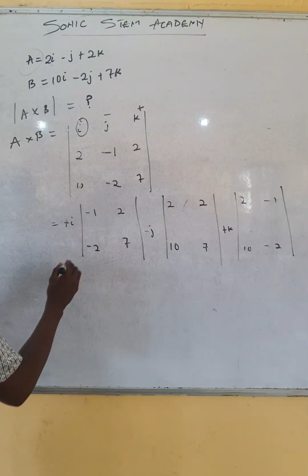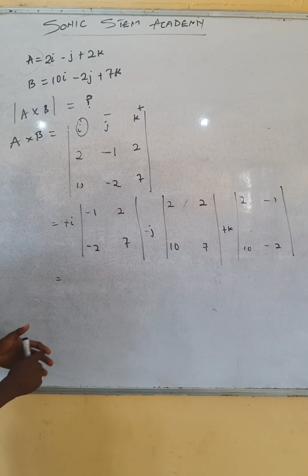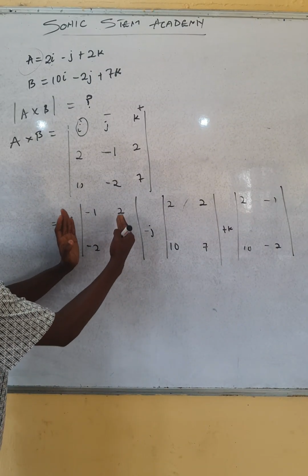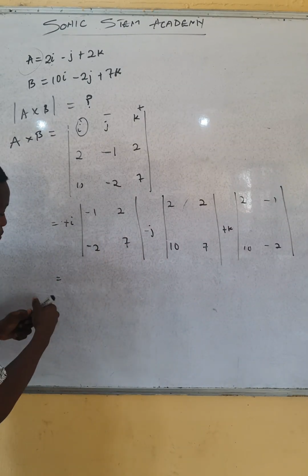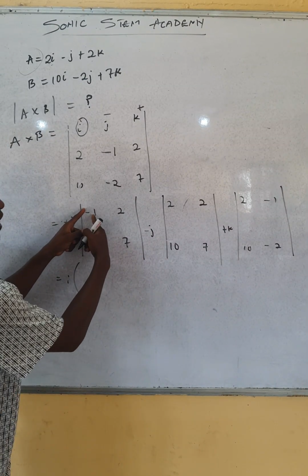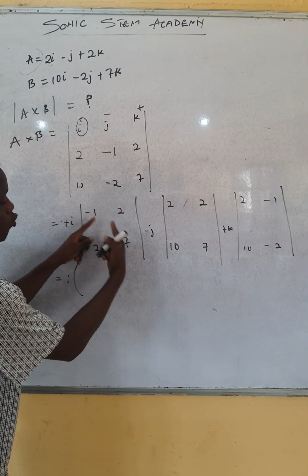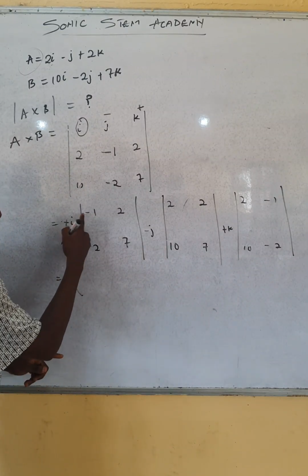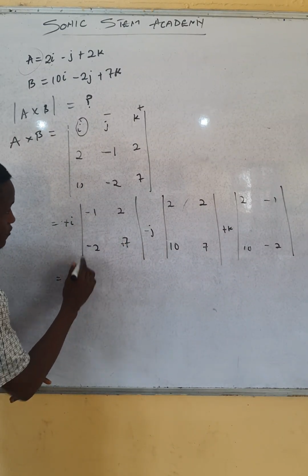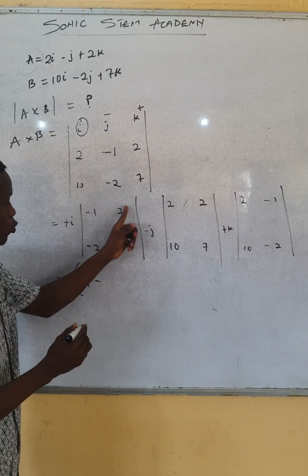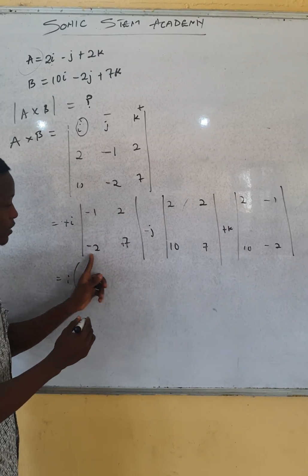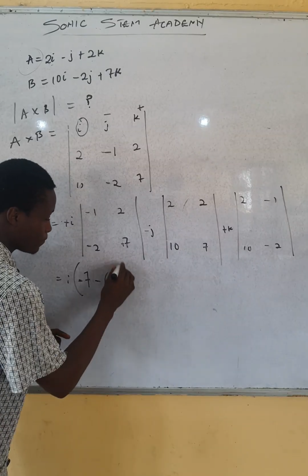Now solving this using the determinant method. To find the determinant of a 2 by 2 matrix, you multiply your main diagonal first. That will be I into bracket, multiply your main diagonal, which is minus 1 times 7. Minus times plus is minus, 1 times 7 is 7. Then subtract 2 times minus 2, that is minus 4.